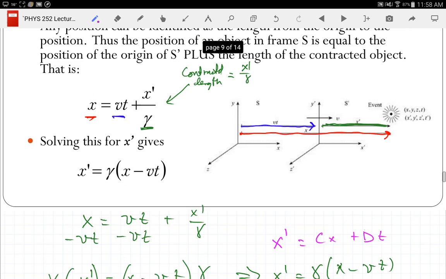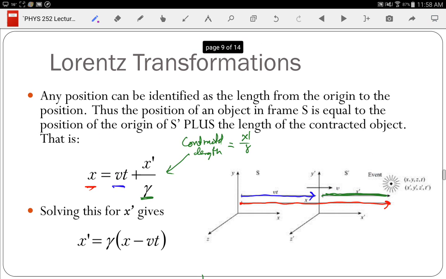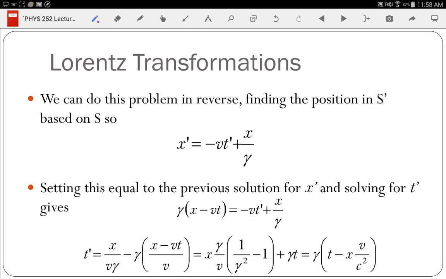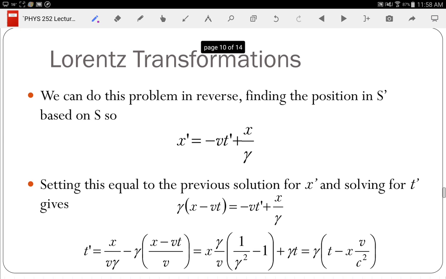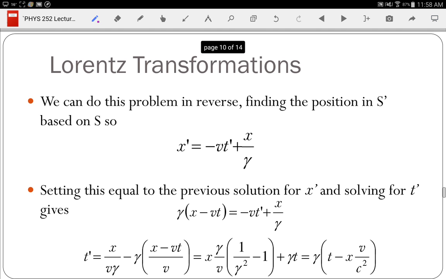For the other half of the elements of the matrix, I will take essentially the same situation, but run it in reverse. So the distance measured in the prime frame, X prime, is going to be equal to minus Vt prime, minus, because if I go into the S prime frame, the speed of reference frame S is in the opposite direction. So it's in the minus X direction, hence the minus sign there.